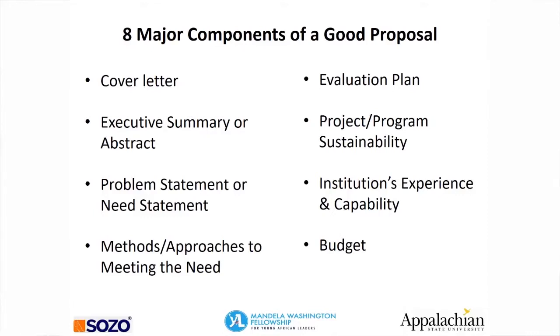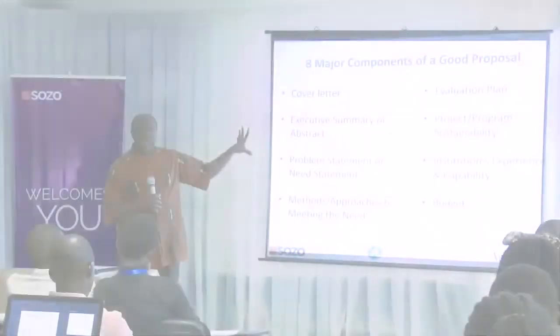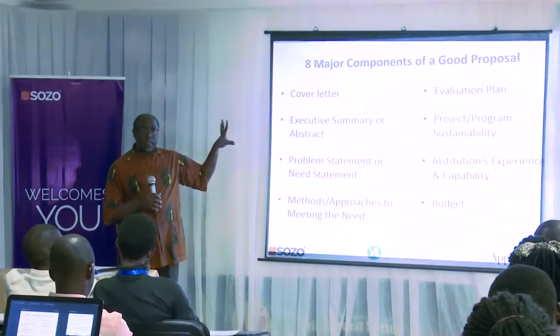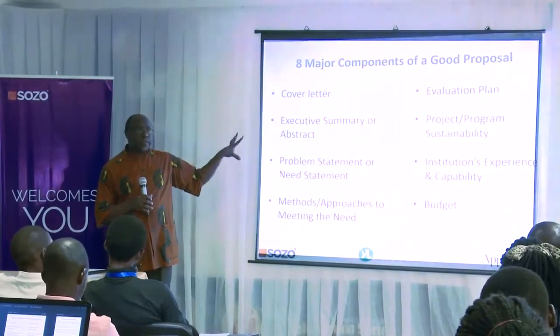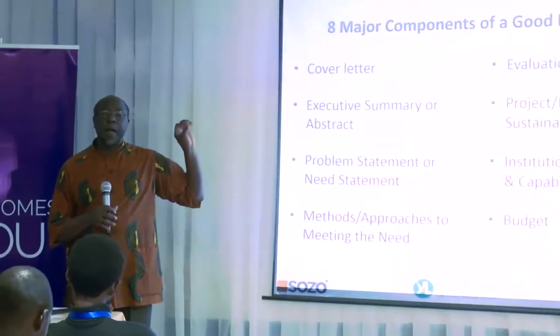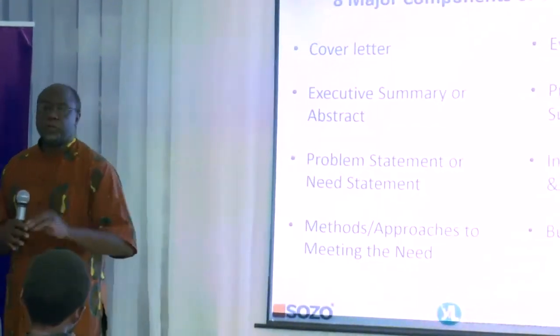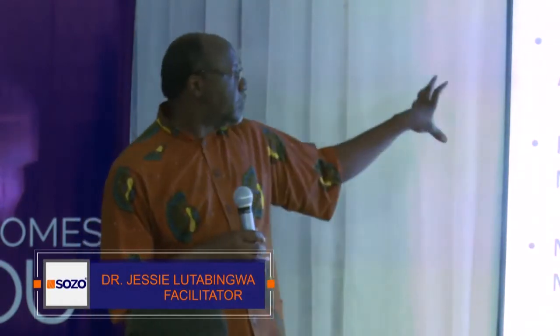I'm ahead of myself. So these 8 components are part of every proposal you are going to find. They may be sequenced differently, but if you don't have these 8 pieces, your proposal might not be complete.